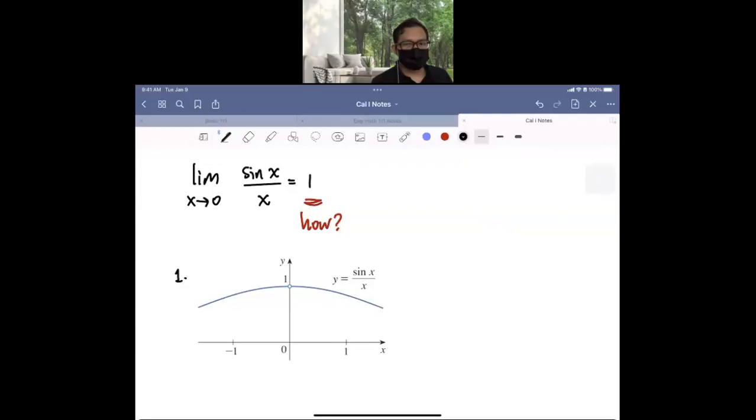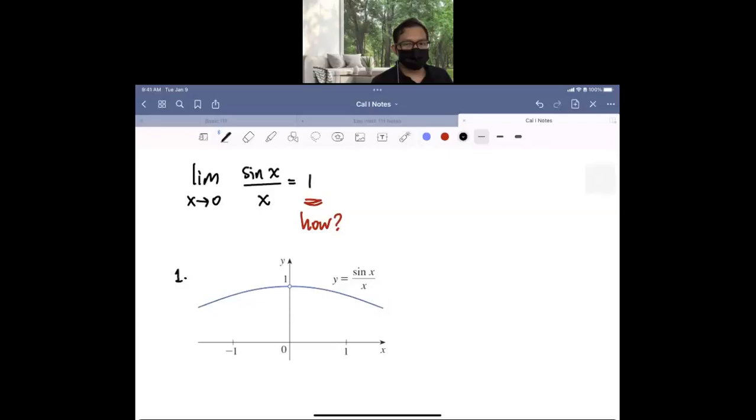What method can we use to compute this? Anyone? Anything to say? How to compute this limit? Usually every year there will be some students who answer this with a certain answer.